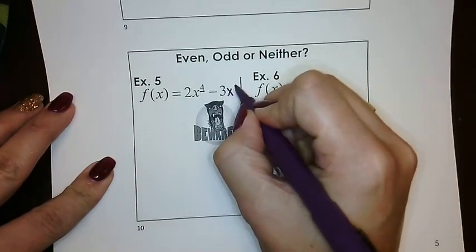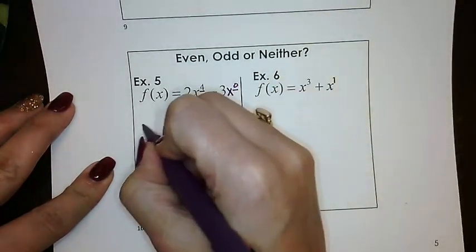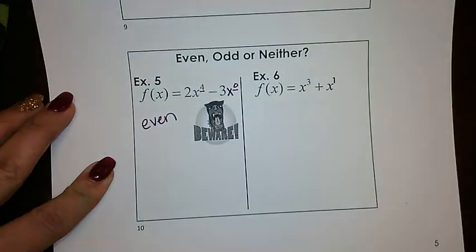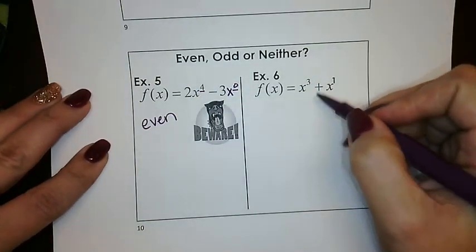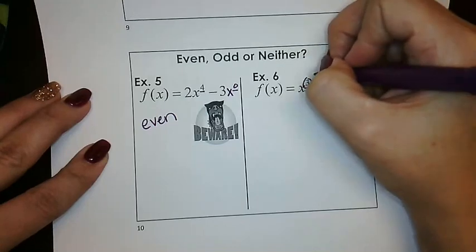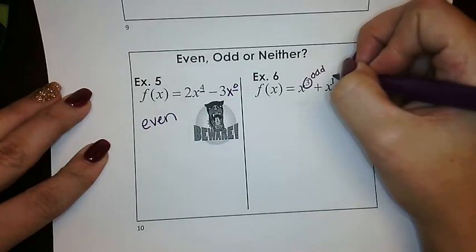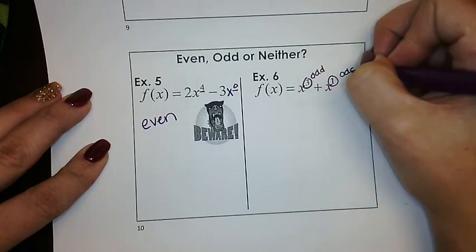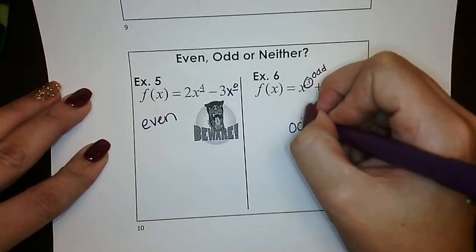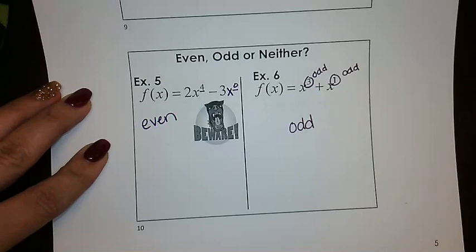Remember, this is x to the 0 power, which is even, so this is an even function. Then I look over here, I have x to the 3rd power, this is an odd number. And then x is always to the power of 1, which is also an odd number.